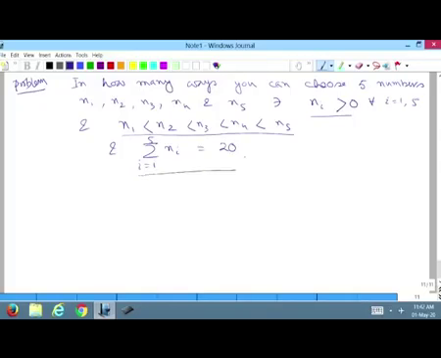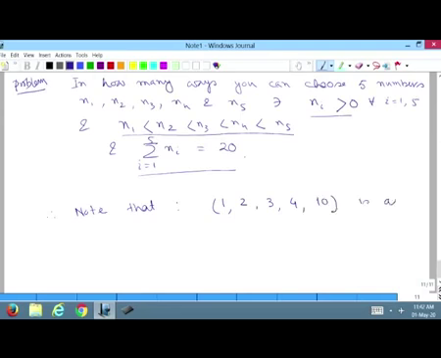So, let us understand the problem. One possible solution is 1, 2, 3, 4 and 10.